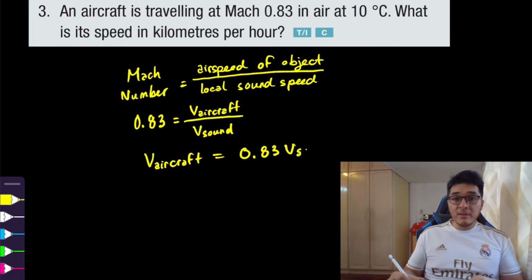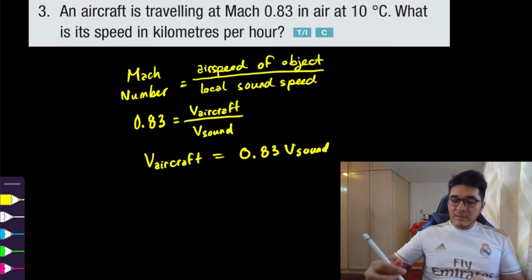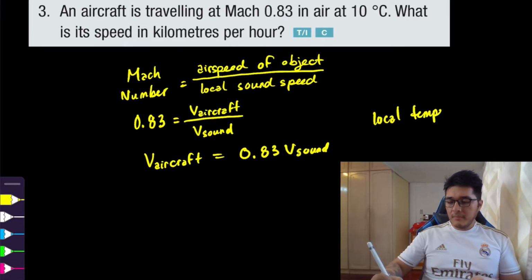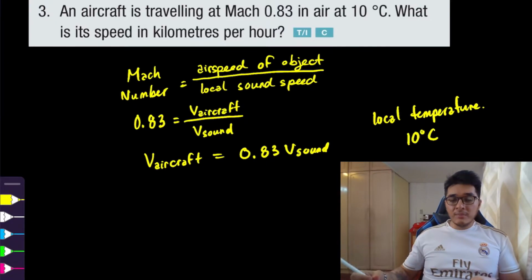So a fraction of the speed of sound. That's why we said it is less than, because that fraction is a number less than 1. So now, they also gave us that the local temperature in air is 10 degrees. So from the local temperature of 10 degrees Celsius, we can calculate the speed of sound in that local temperature.